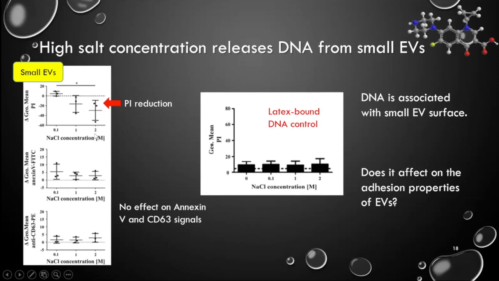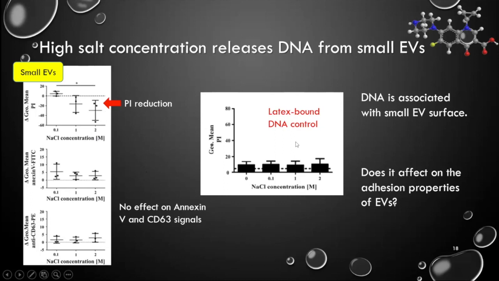They observed that a 2 molar sodium chloride solution reduced the propidium iodide signal in the small EV population, which wasn't the case for the annexin 5 and CD63 signal. The control with latex-bound DNA didn't show any difference.